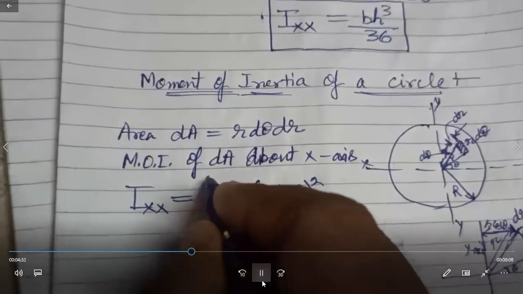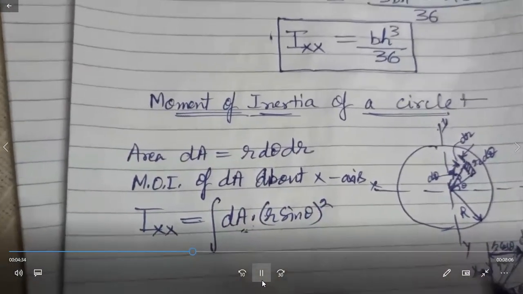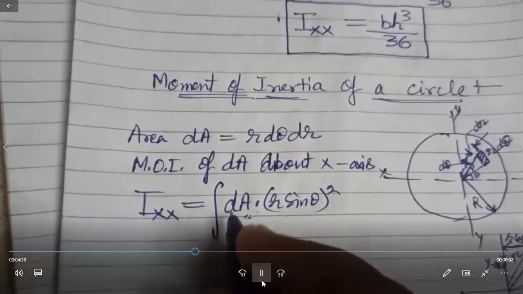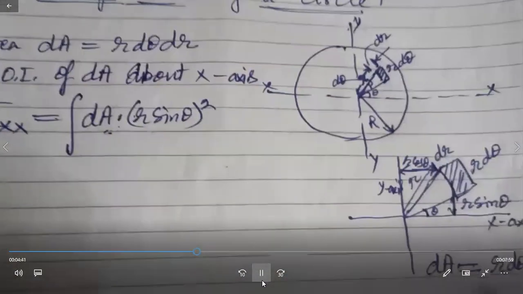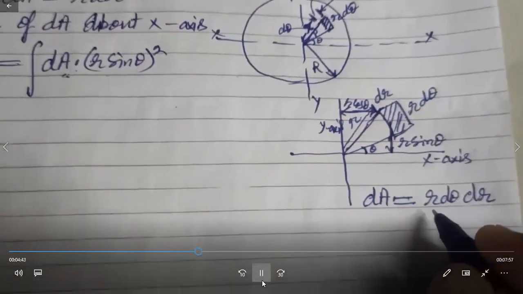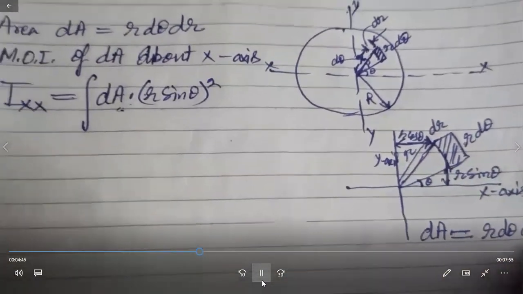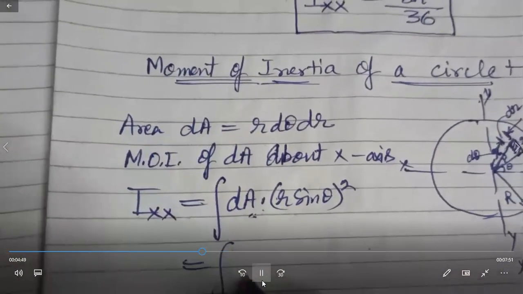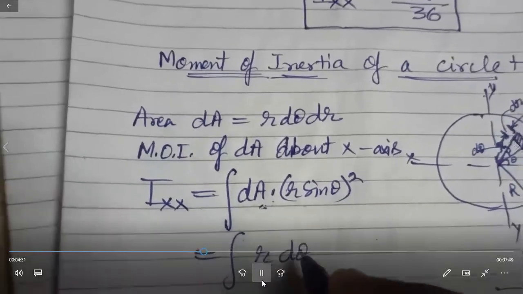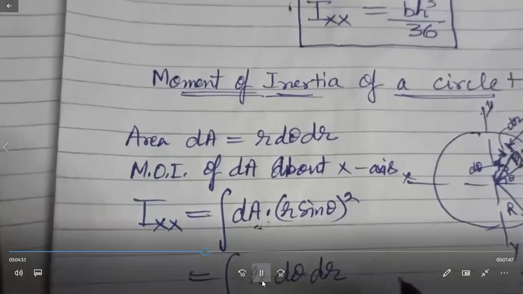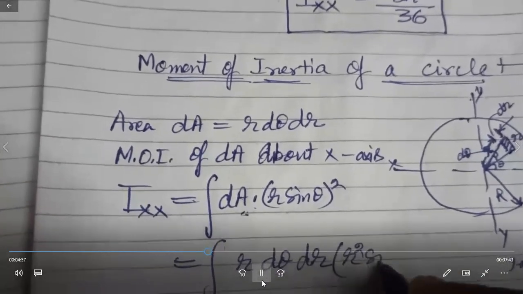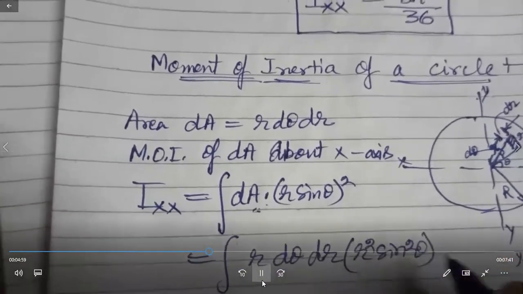So for the total circle, we will integrate it. Now on putting the value of dA as r d theta dr, into r square sin square theta.